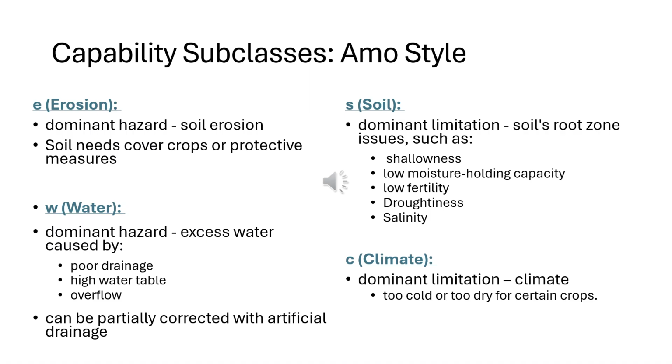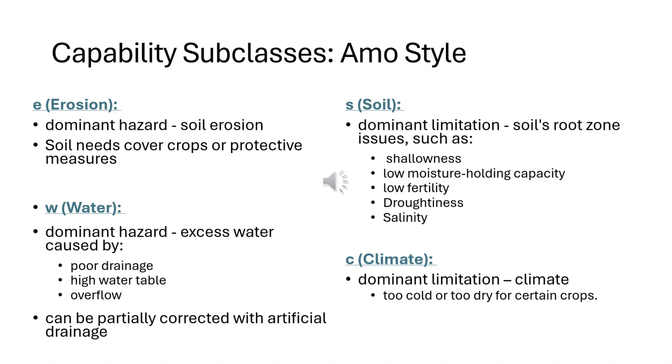Moving to W, W stands for water. So then the dominant hazard would be excess water. Well, how could that be caused? Well, maybe for some reason your soil's poorly drained. Could be because the soil's very thin and you got an impermeable layer underneath.